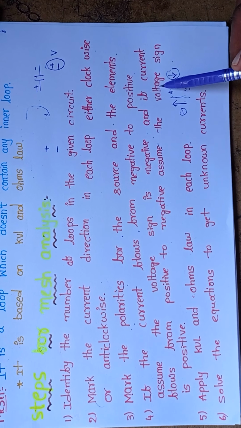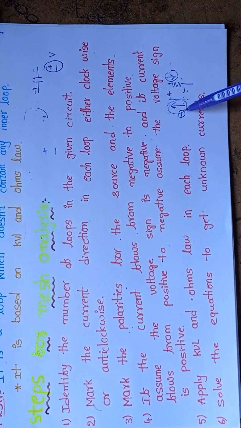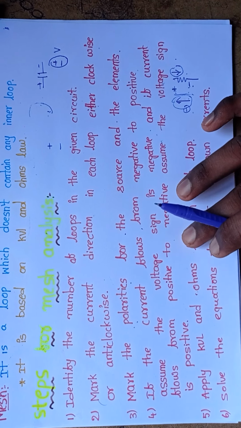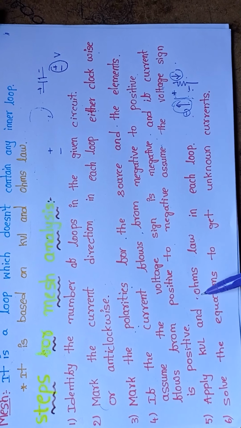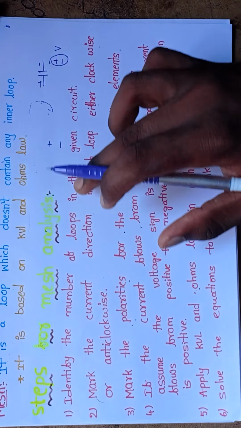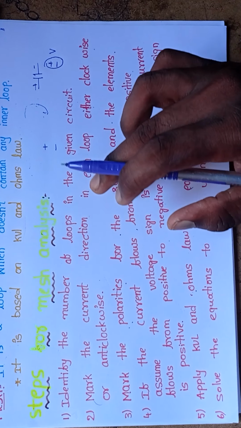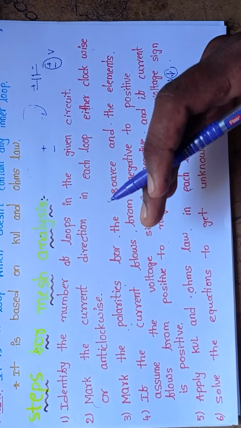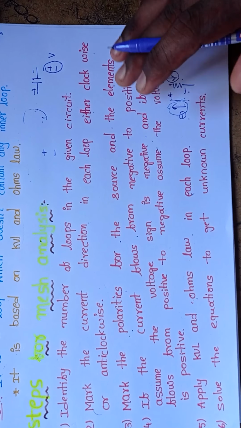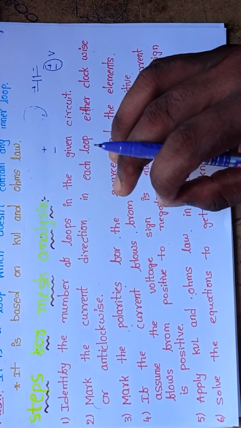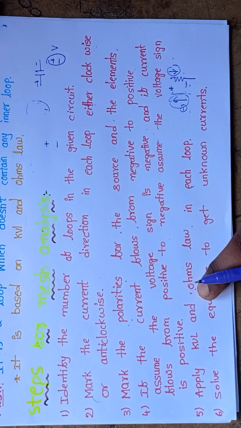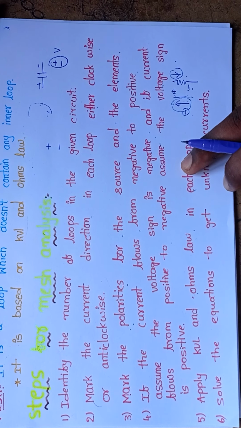Not only the voltage sign, here we can say the current sign is also positive or negative. And the fifth step, a very important step: apply KVL and Ohm's law in each loop. After identifying all the loops in a circuit, marking the current directions, and putting the polarities for each element and source, at the end we apply KVL and Ohm's law in each loop.